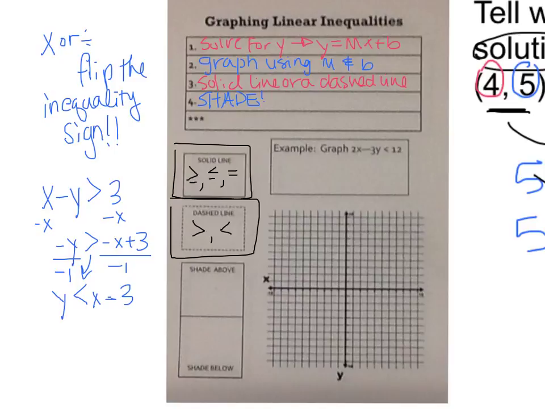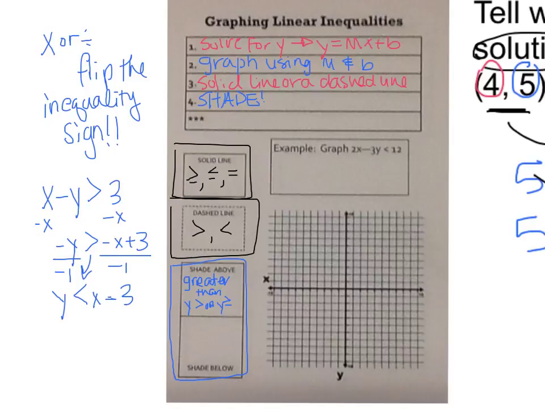So let's look at this box now, and let's write down all the information that you have. To shade above, you need to have a greater than sign going towards your y. So essentially you would see y is greater than, or y is greater than or equal to.